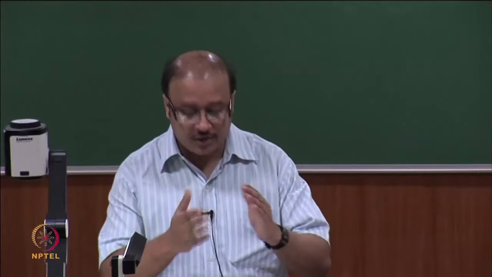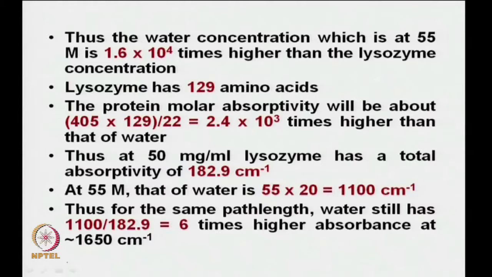Why should we worry? This is why. Thus, at 50 milligrams per ml, lysozyme has a total absorptivity of 182.9 per centimeter of path length. At 55 molar, now this is the key point, these two are the key points.